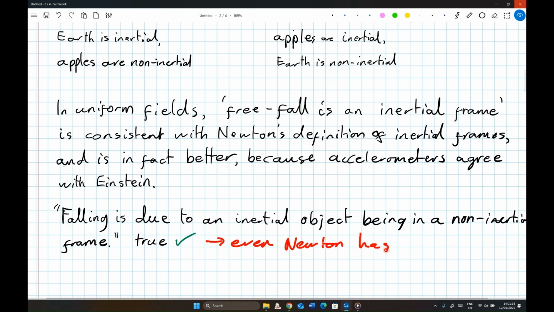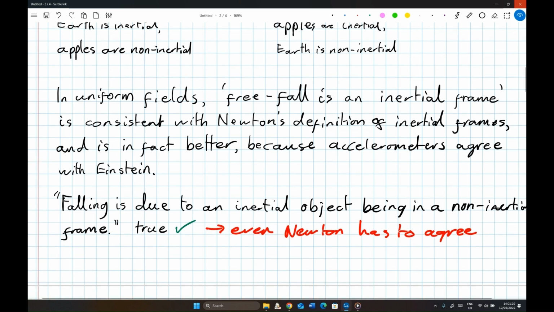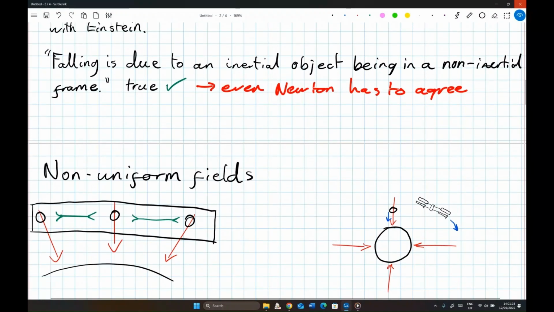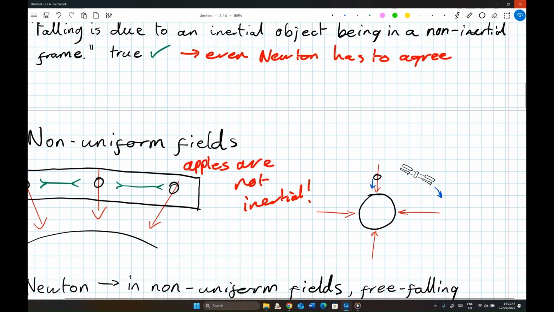But Newton is furious, and he immediately goes to non-uniform fields, because he should say that in non-uniform fields, you can't say that these apples are inertial because they are accelerating relative to each other. And orbits.